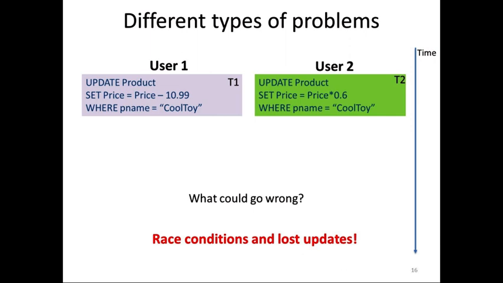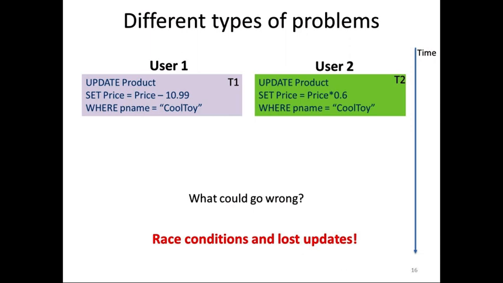And then T1 writes, let's say, 9.01, and then T2 writes, updates the same field in the same record to a new price 12. In that case, of course, we end up with a final value of 12 because the initial write of T1 has been replaced, superseded by the write of T2.